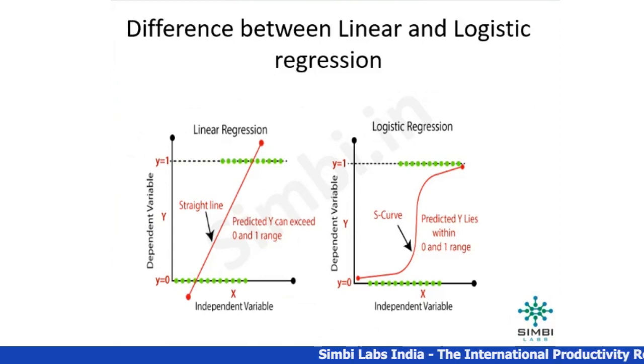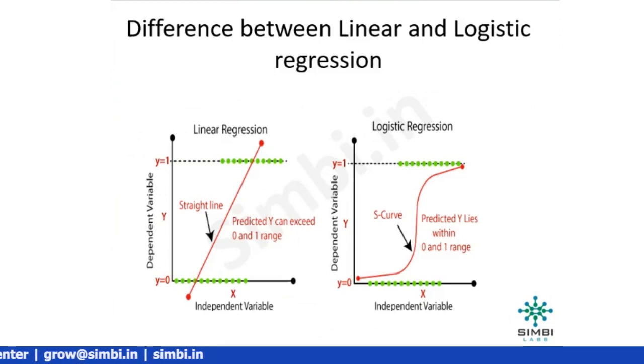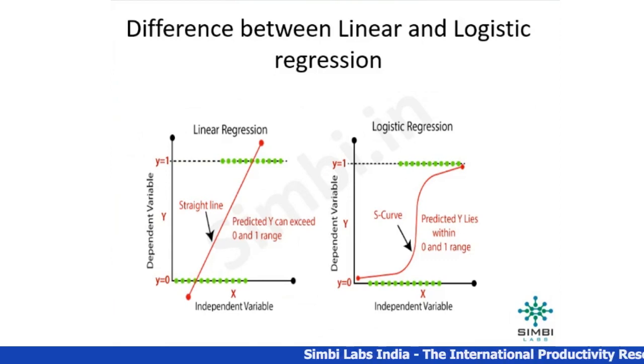These two are very important regression analyses, and both are nearly similar, but there is a difference between them. Linear regression is used to predict the continuous dependent variable using a given set of independent variables.